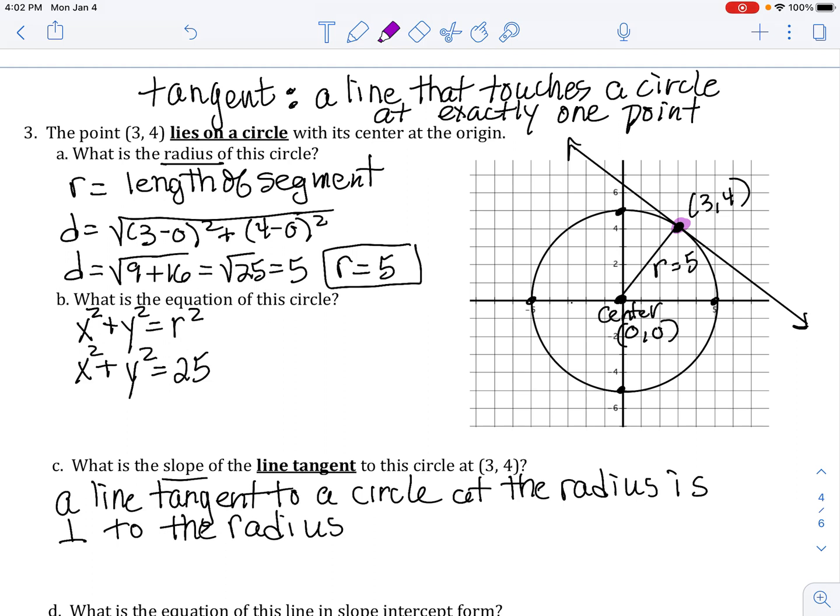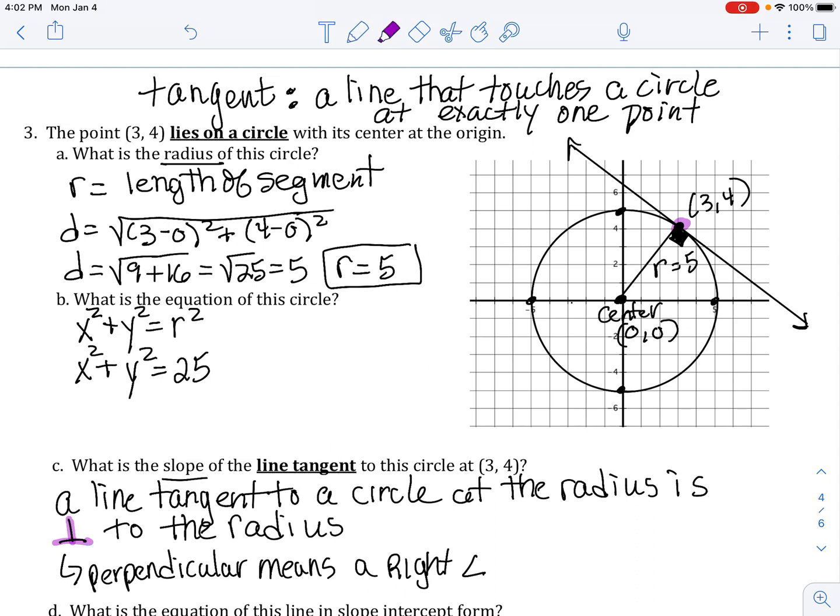Okay, now I just used a symbol there, an upside down T. In geometry, that is the symbol for perpendicular. What it means is forming a right angle. Perpendicular means a right angle. That means I can come back over here and put a little box, hopefully you remember this from geometry, and put a right angle there.